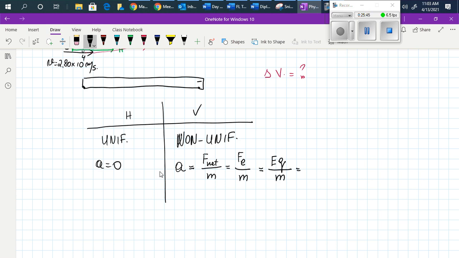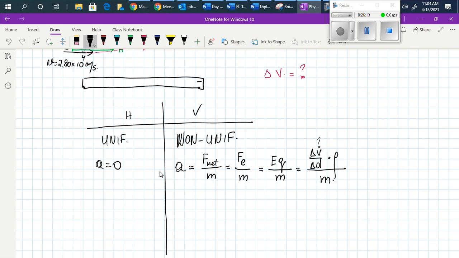And the electric field strength will be delta V over delta D, times Q over mass. So since we are looking for delta V and know everything else, this is what we will find. What is the delta V?